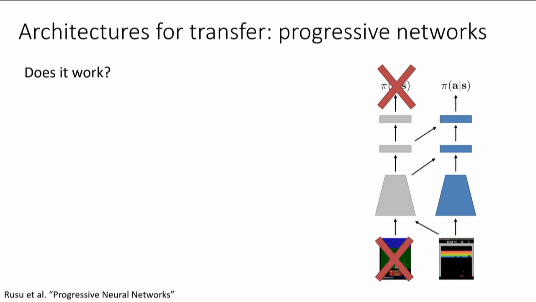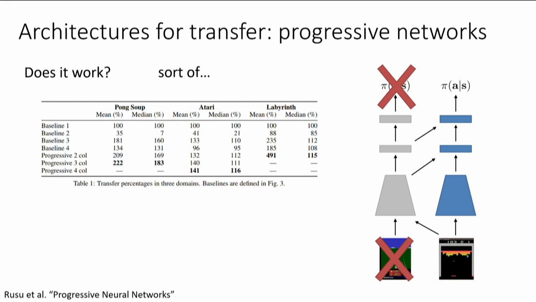Okay, so let's look at how well this works. The answer to does it work is that it sort of works. It prevents forgetting by construction, but as far as actually improving on fine-tuning, the results are a little bit mixed. We can look at this comparison. It takes a little while to parse this fully, so let me explain what's going on.